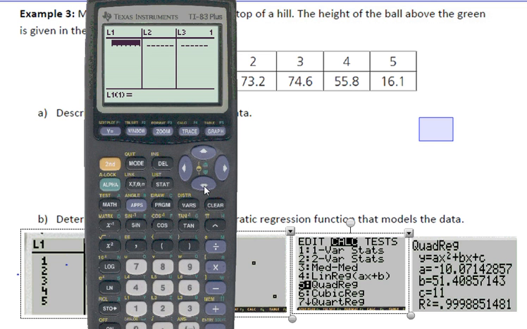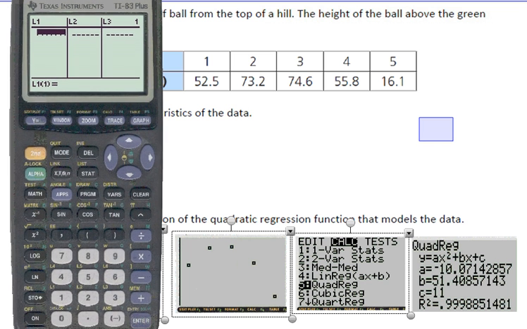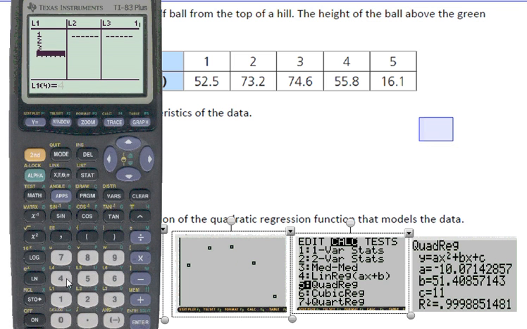Don't delete, push clear. Then 1, 2, 3, 4, 5.